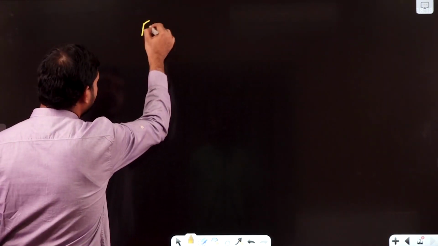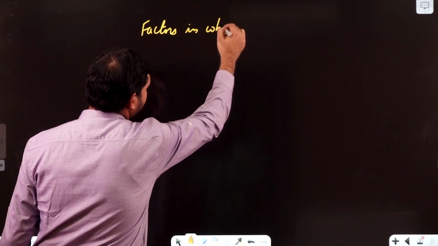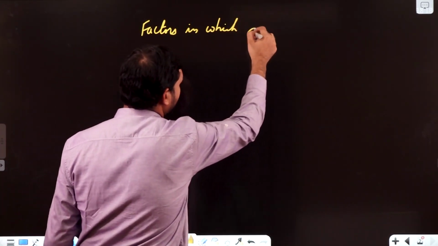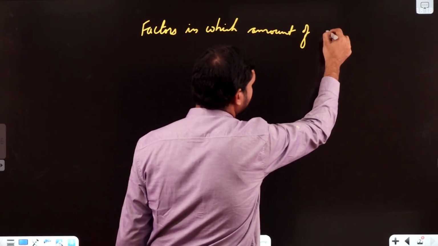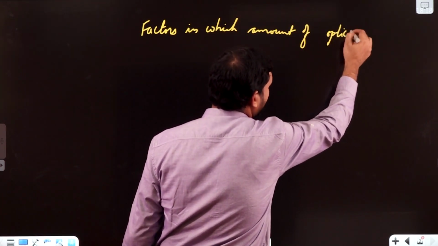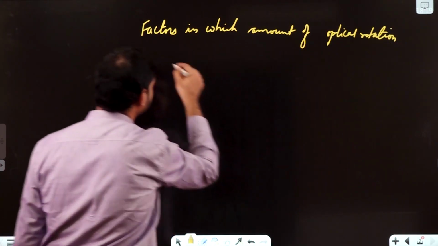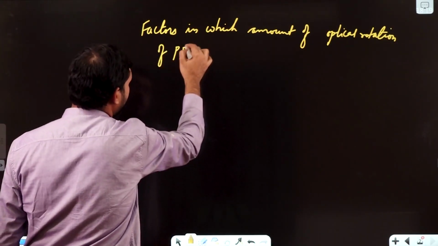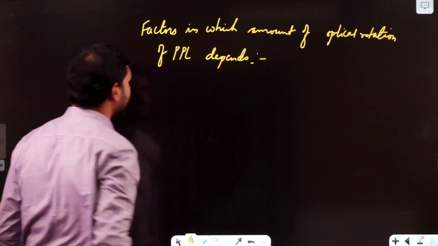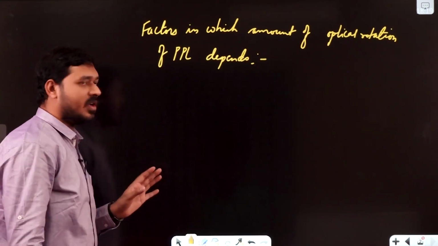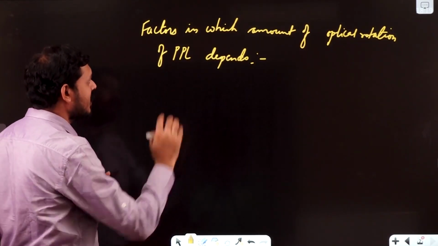So let's see the factors on which the amount of optical rotation of PPL depends. There are some particular factors which you have to remember on which the rotation of PPL is dependent.